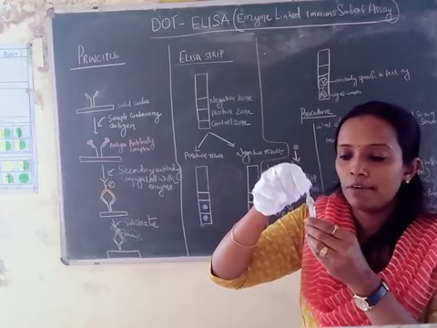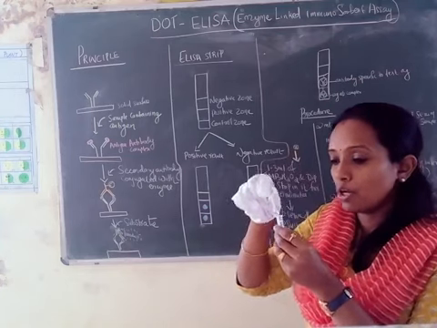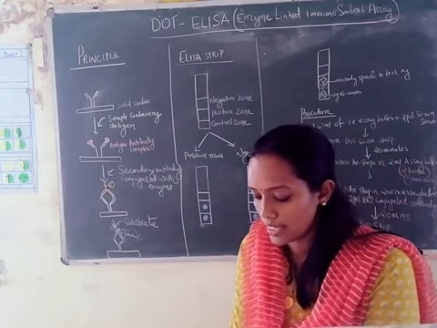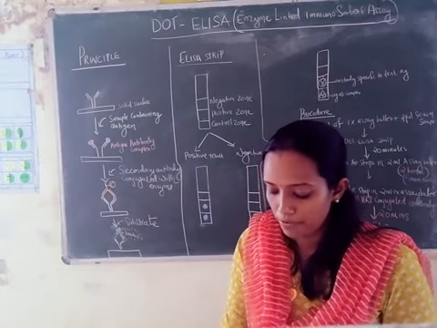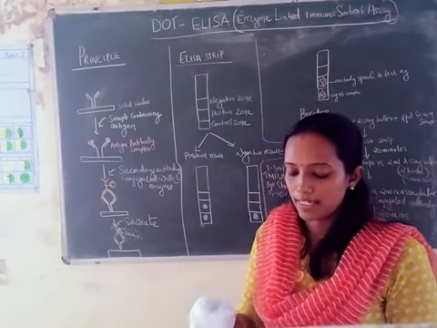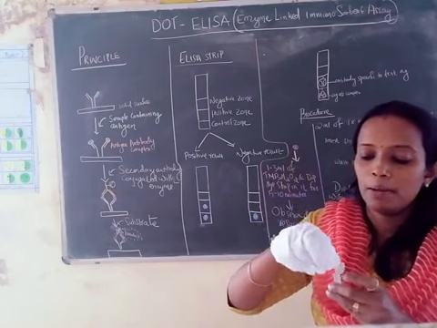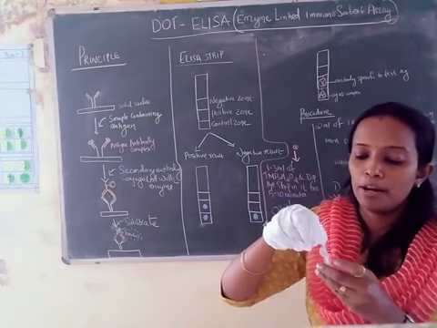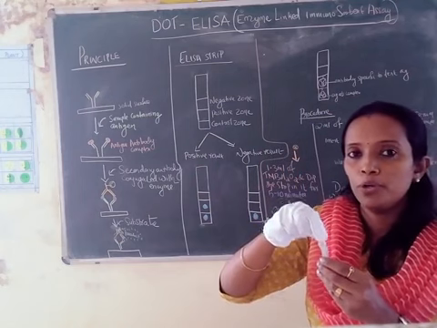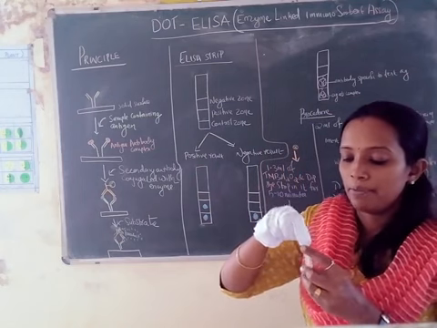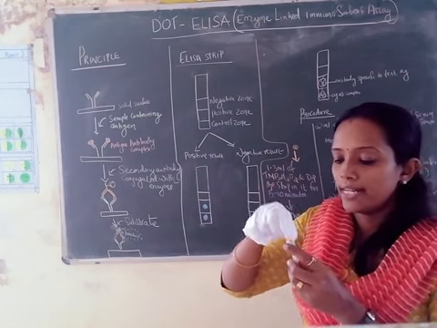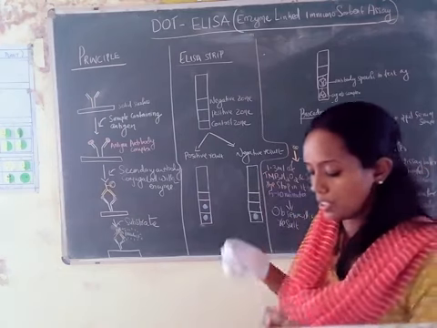After 5 minutes, take out the ELISA strip and dip it into another Eppendorf tube containing 2 ml of 1x assay buffer and keep doing this for another 5 minutes, so that any unbound antigen is washed away.